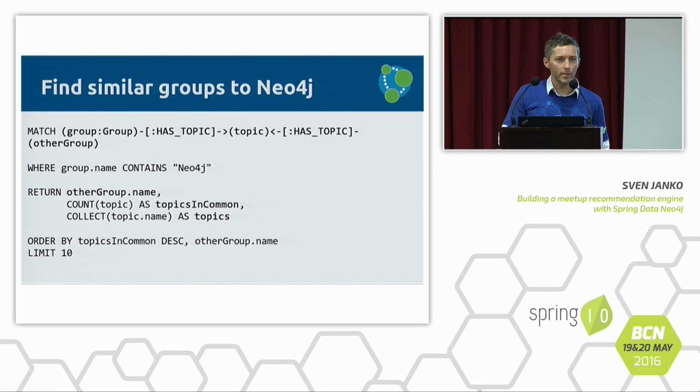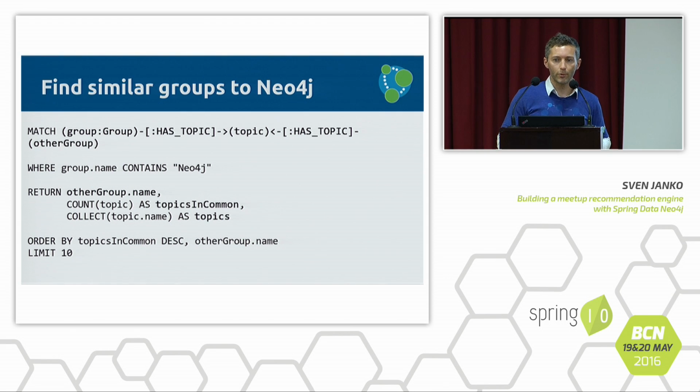And then we just need to specify which group should be our entry point. And this is what we are doing with the WHERE clause. So in that case, we're saying, look up all groups that contain the name Neo4j, and from that, traverse the graph and find similar groups.